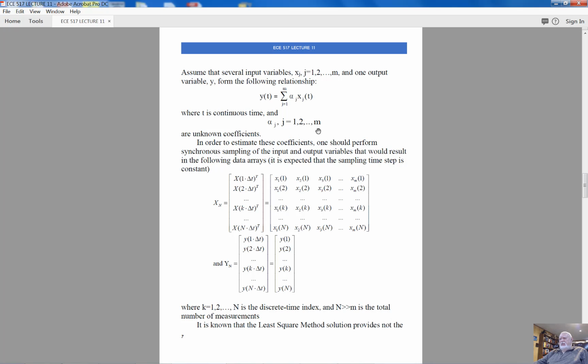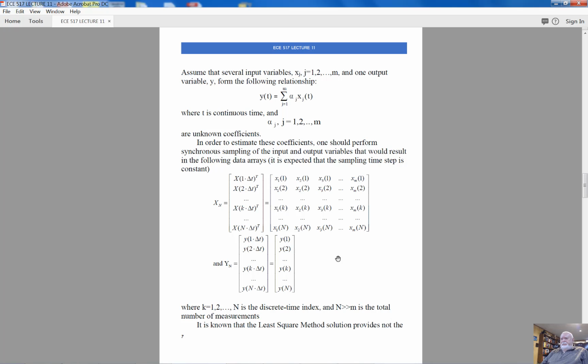Time t is continuous time, and here we have a set of parameters that we are assuming at this point are time independent. And we are assuming that parameters alpha are unknown coefficients that we want to estimate. If we would successfully estimate these parameters, we would be able to get a very accurate model representing this relationship, which is not known to us.